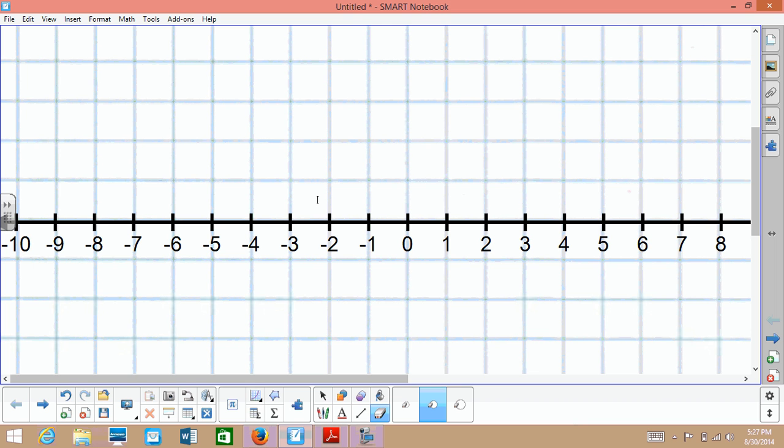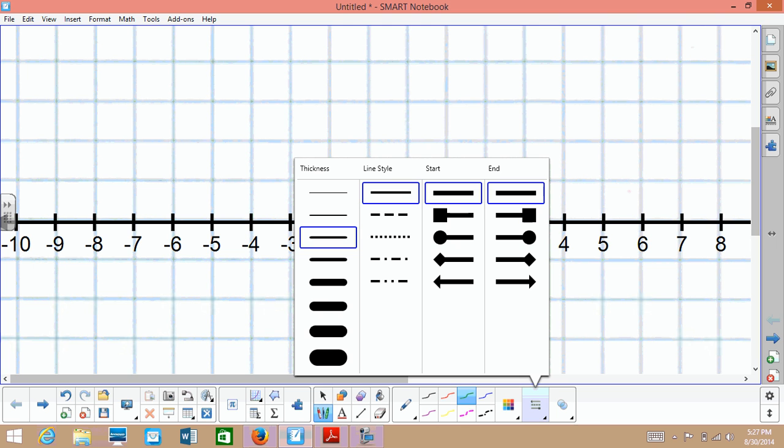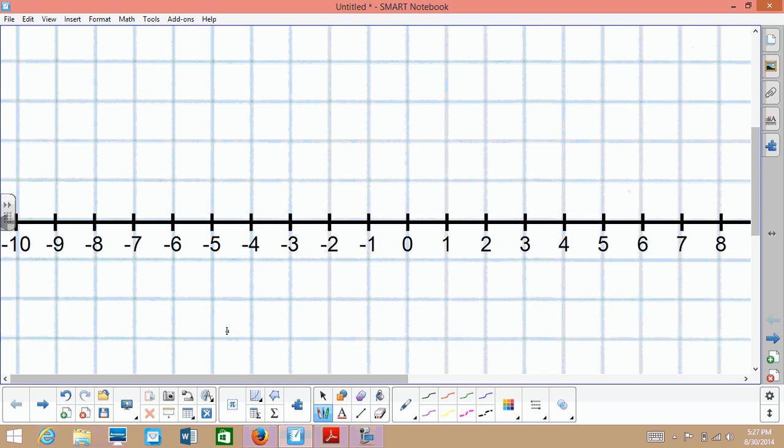Moving on to what is a set? A set of numbers is basically the following. A good example would be from 0 to 8, let's say. That is a set of numbers.